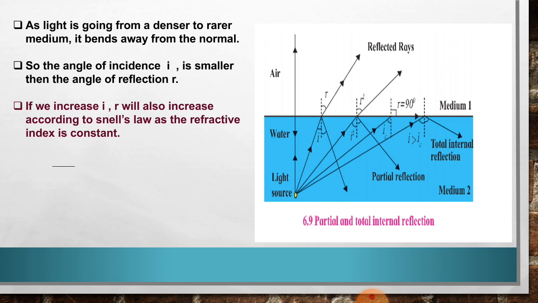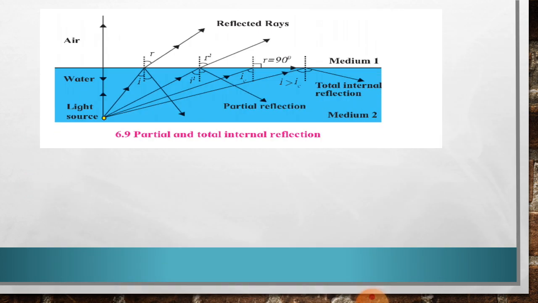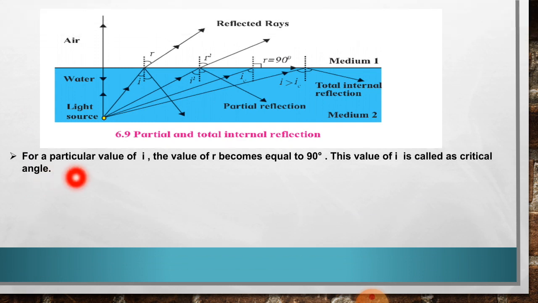Okay, so if we increase I, what happens? R will also increase, so that we get a constant term. The refractive index is equal to sin I upon sin R, which is equal to a constant. This we have learned in Snell's law. So here what happens? For a particular value of the angle of incidence, the value of R becomes equal to 90 degrees.